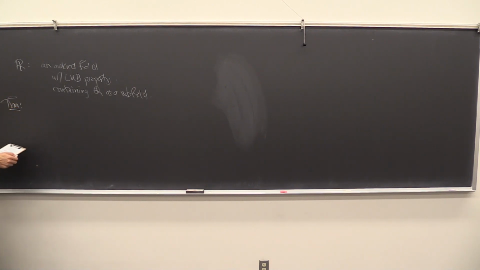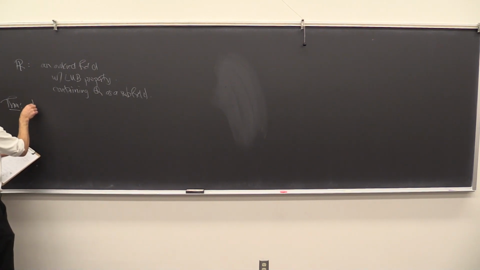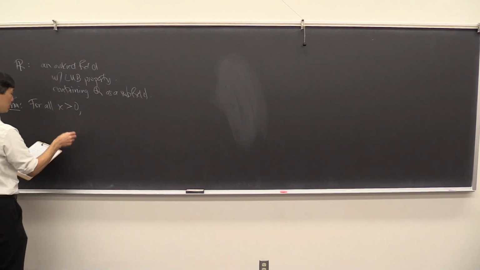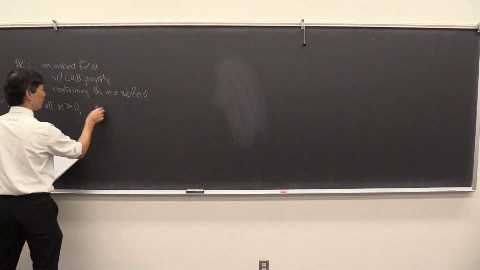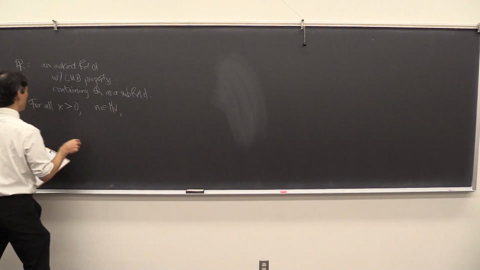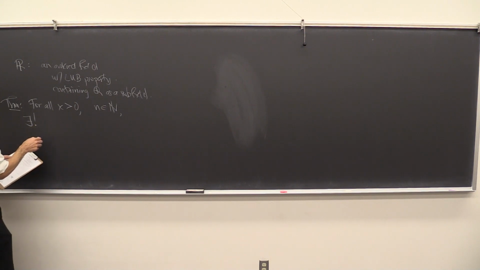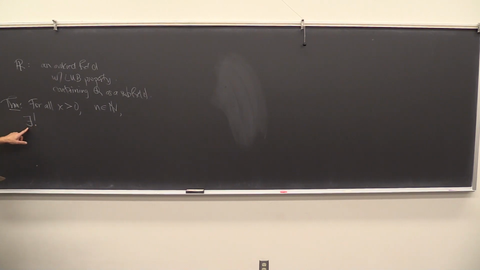So here's the theorem that we're going to start off with and finish the reals with. For all real positive numbers x and for all natural numbers n, there exists a unique y. If I write it like this, with a backwards E and an exclamation point, it means there exists a unique.